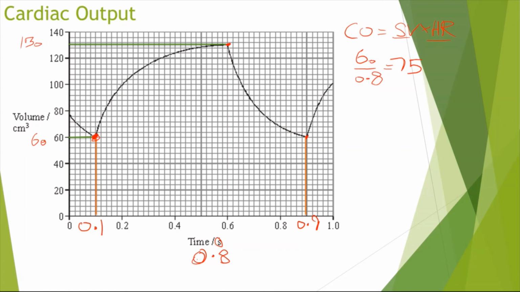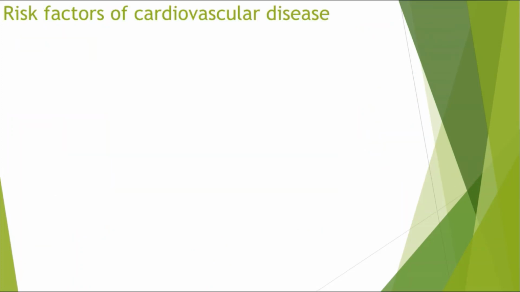Taking that away, I get 70 centimeters cubed as my stroke volume. So now I would just times 75 and 70 together to get my cardiac output of 5,250 centimeters cubed.